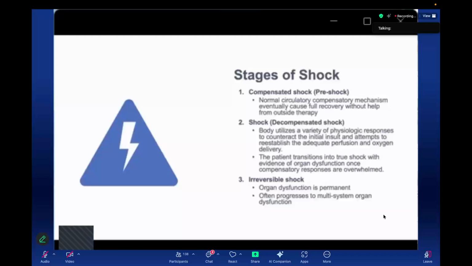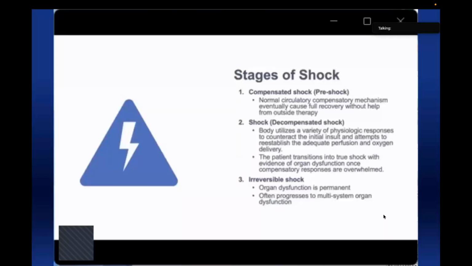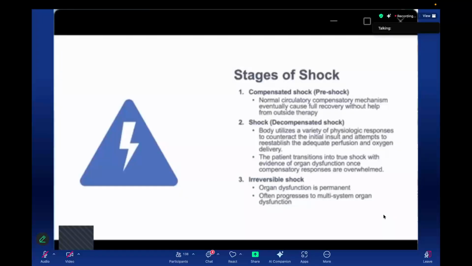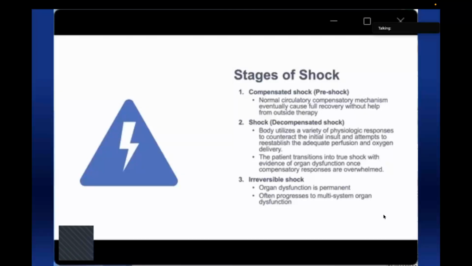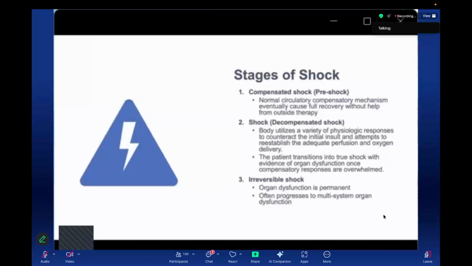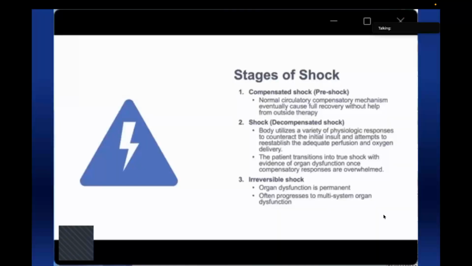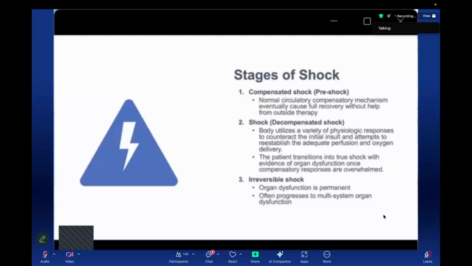Here are the stages of shock. Initially, your body would try to compensate, or your pre-shock. Your normal circulatory compensatory mechanisms eventually cause full recovery without help from outside therapy. What are these neurohormonal mechanisms? You have an increase in heart rate and an increase in your respiratory rate. Eventually, if your compensatory mechanisms fail, your patient would develop decompensated shock, or the second stage of shock. Your body utilizes a variety of physiologic responses to counteract the initial insult and attempts to reestablish adequate perfusion and oxygen delivery.